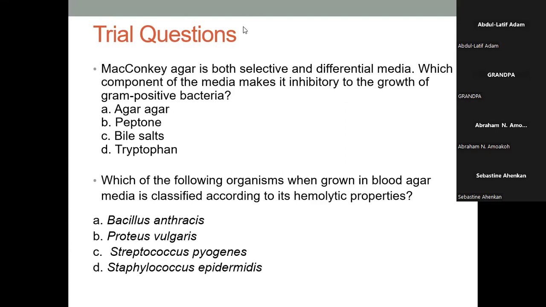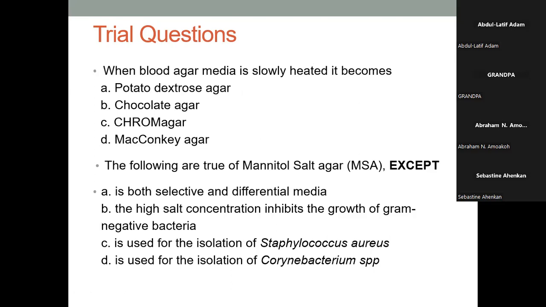So it means that you are getting it, and these are sometimes the types of questions that they ask. When blood agar is slowly heated, it becomes a chocolate agar. Chocolate agar. Very good. That's all. Good, so we move on.